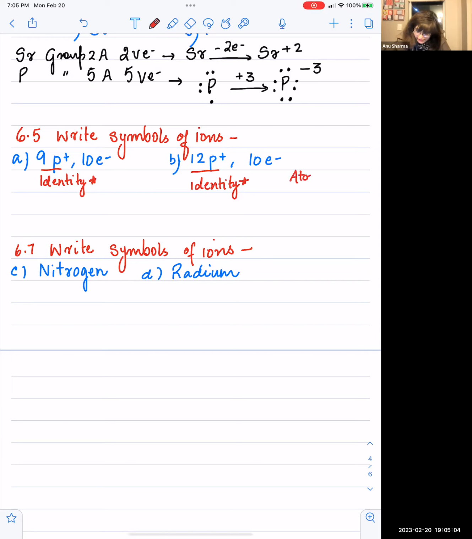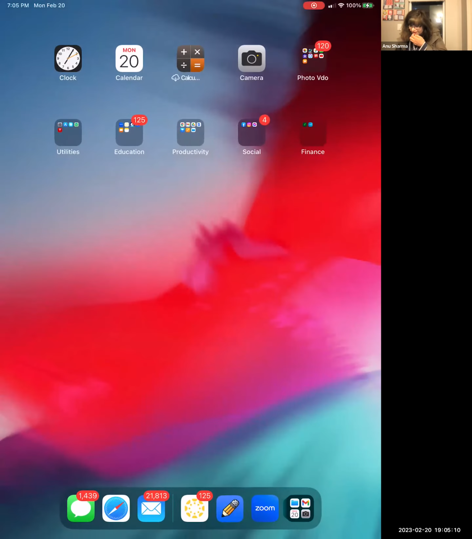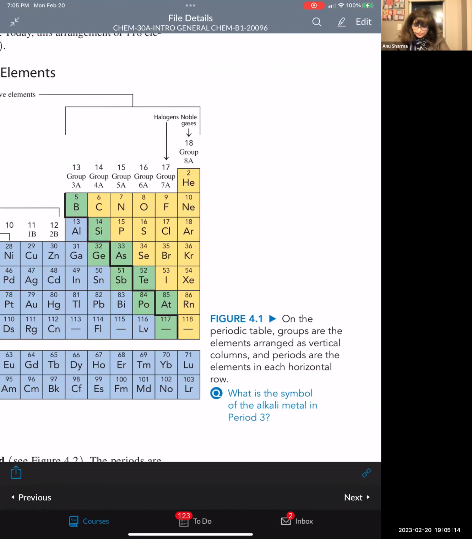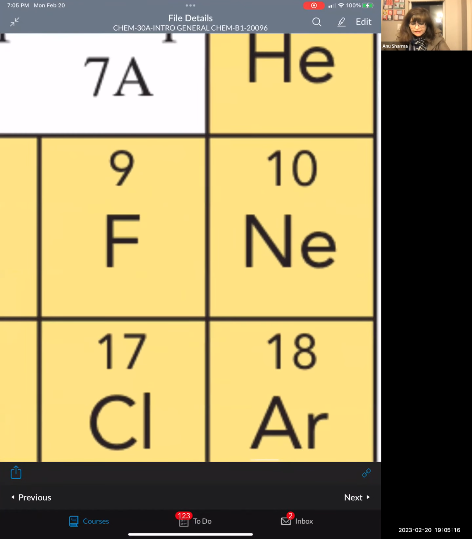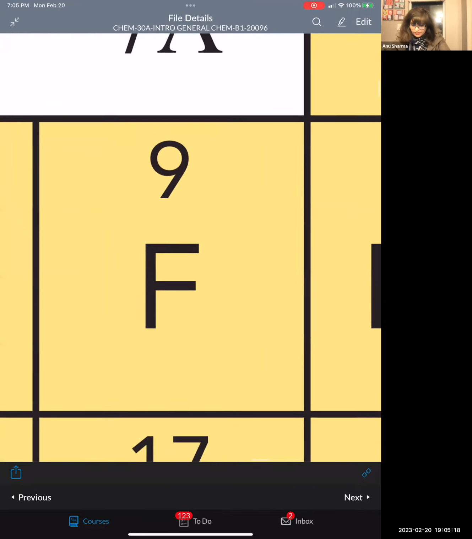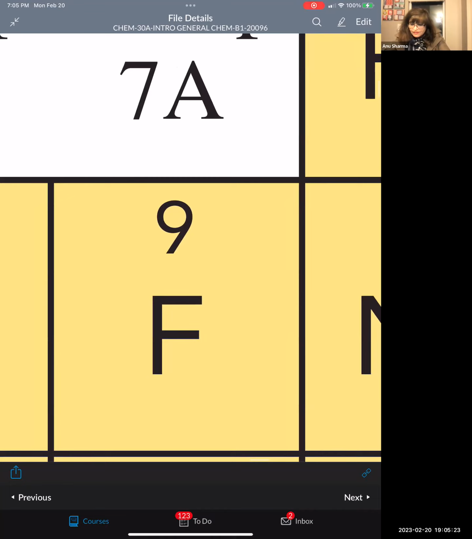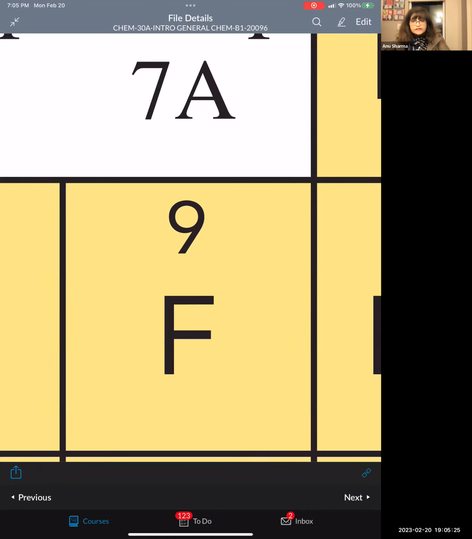So you're going to look at the atomic number in the periodic table. So here we are looking at 9 protons. So 9 protons is fluorine, 7A, that means there are 7 valence electrons.